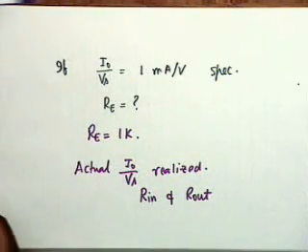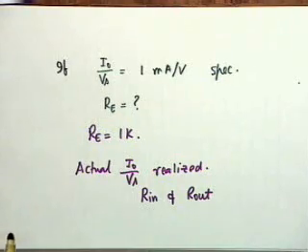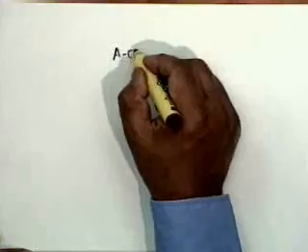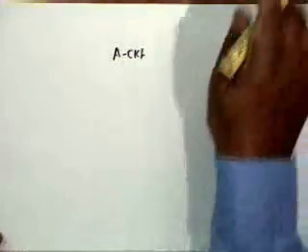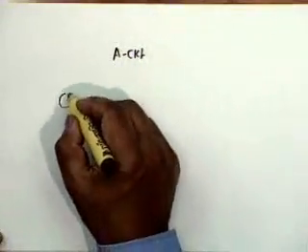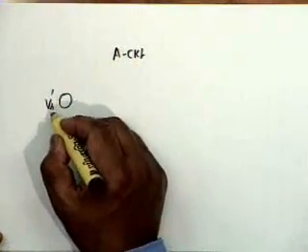Now let's look at the problem. This is also a very simple problem, provided you look at it carefully. If you look at the circuit, I can draw the A circuit quite easily. The A circuit would be Vs prime.